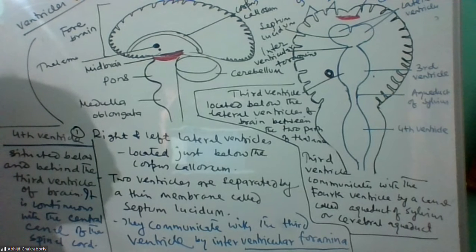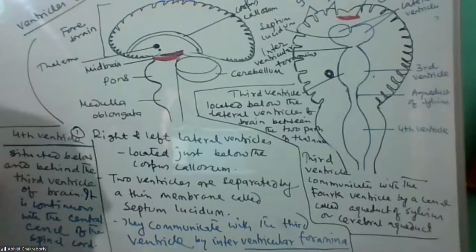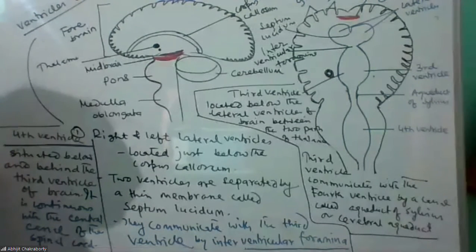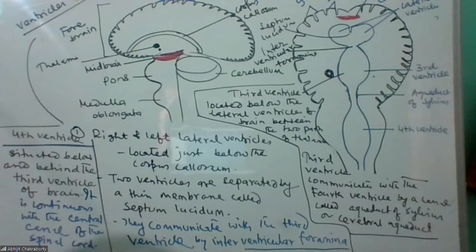Yes, sir, clear. Okay. Now, after that, the fourth ventricle again communicates with the subarachnoid space, that is the space which is found below the arachnoid matter, the second layer of the meninges. So what happens here?